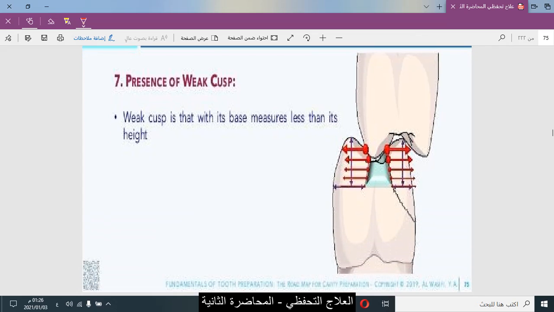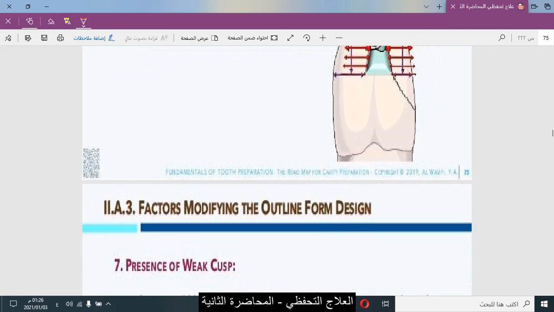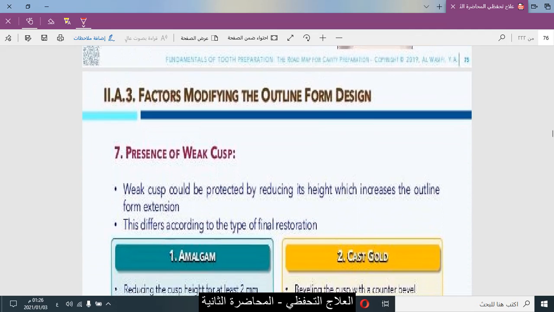Presence of weak cusp. In this picture, the cusp height is more than the width, so we have to do cusp capping to make the height equal to the width, with 2 millimeters of cusp capping. If there are 2 cusps, we have to do cusp capping, meaning covering by the cusp restoration from the buccal or the lingual.